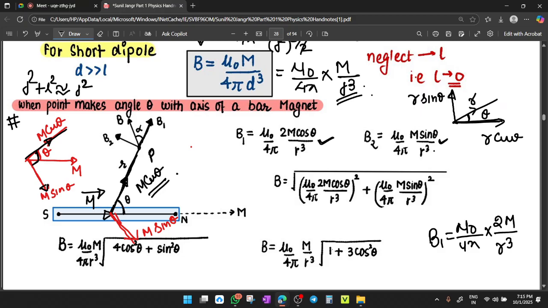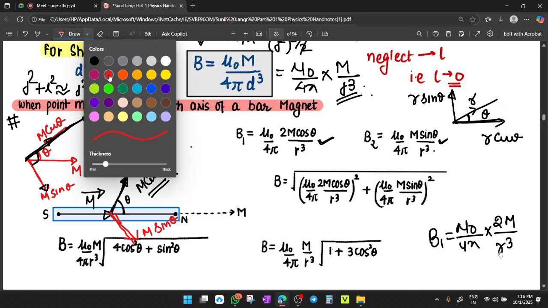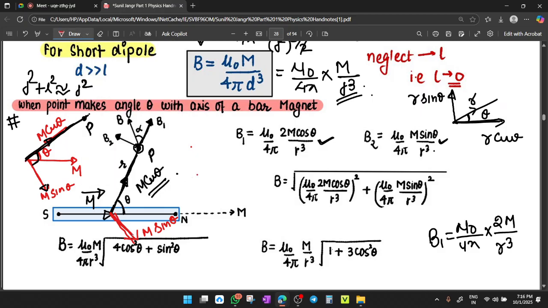Clear? Now think, this point P is lying on the axial condition with m cos theta. Agree? This point P is lying on the same axis of m cos theta. And this point P is lying in the perpendicular direction for m sine theta, because m sine theta is going somewhere here, so it is just perpendicular to this.